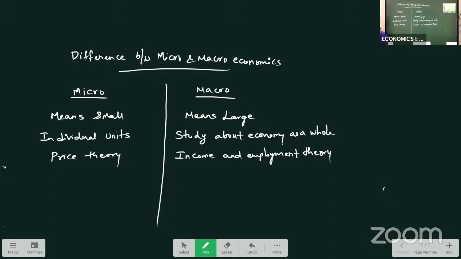The next one: microeconomics explains price determination based on demand and supply.